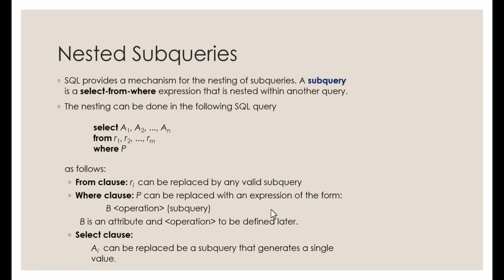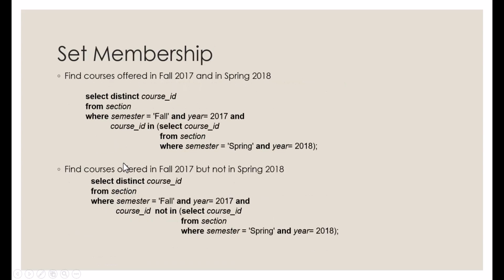You can also have nested subqueries. Okay, so you can have a subquery in the select clause, you can have it in the where clause, and you can have it in the from clause as well. So here we're finding courses offered in fall of 2017 and in spring of 2018. Okay, so here we have select distinct course ID from section where semester is fall and year is 2017, and then we have a subquery here, right?